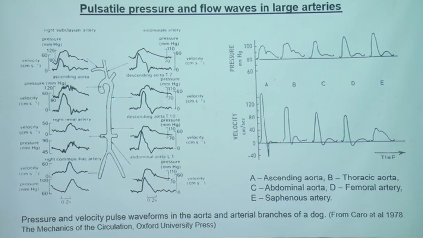And then it continues to branch. There are smaller branches that are not shown here, and then further branches into the renals to feed the kidneys and other major organs in the abdomen, and then it bifurcates into the legs. So as the blood vessels branch off, some of the blood is diverted into other parts, and so the flow is reduced when you look at a single vessel further downstream in the leg. That's why the velocity decreases.